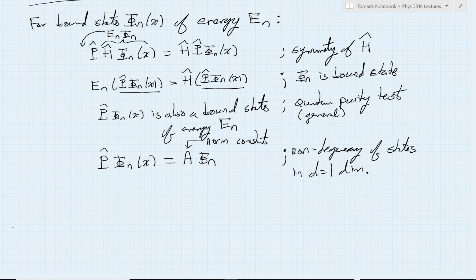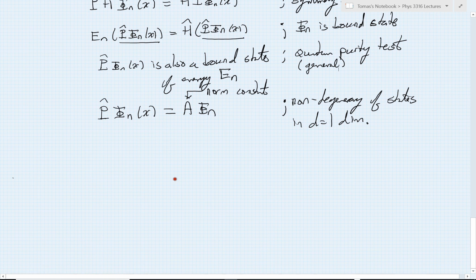We're not going to get into that in detail here because even the one-dimensional case for us is going to be quite interesting. So if we continue focusing on the one-dimensional case, I know this is a bound state of energy En, so it must just be a normalization times my one existing bound state. But if I look at this relation, this is just the quantum purity test for the parity operator.